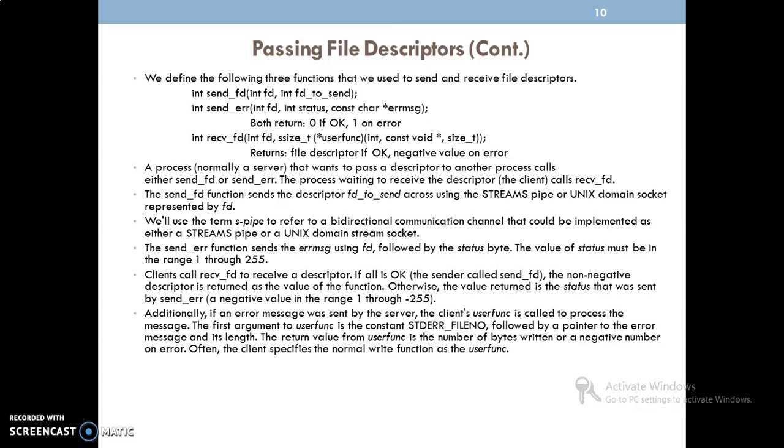A process, a server, that wants to pass a descriptor to another process calls either send_fd or send_err. As I already told, here the server wants to communicate with a particular client, so the server executes either the send_fd function or the send_err function. The process wanting to receive the descriptor, assume the client wants to perform the receiving part, will call recv_fd. The send_fd function sends the descriptor fd across using the stream pipe.